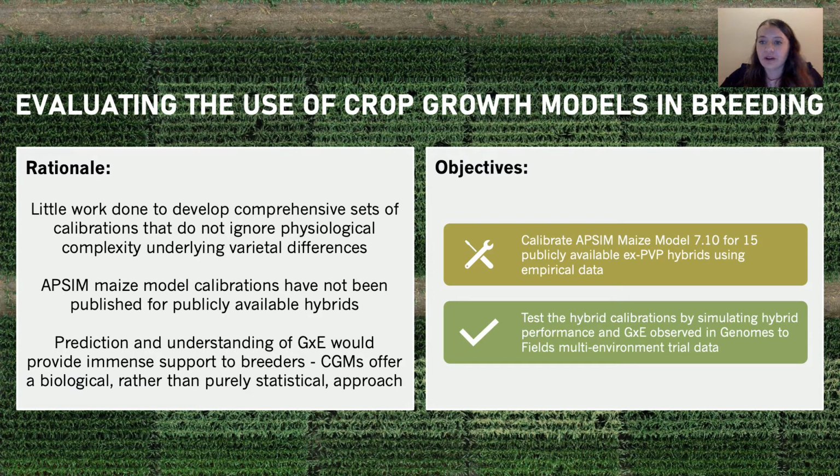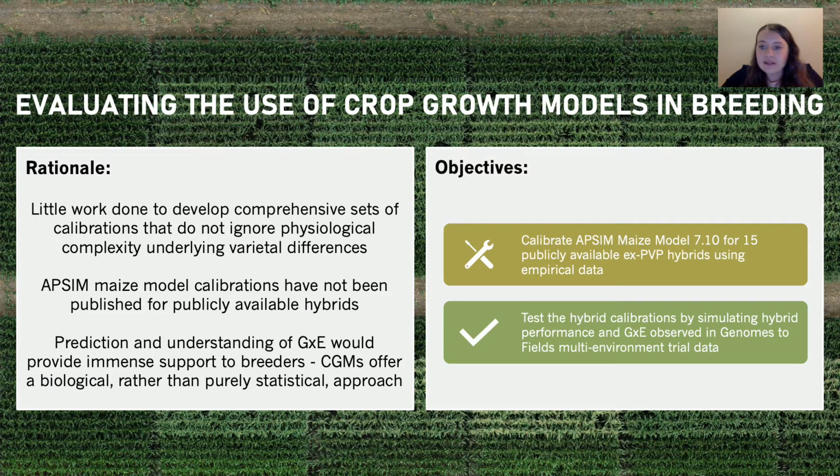So also to our knowledge, no other studies have calibrated or generated genetic coefficients, at least to the extent that we have for publicly available XPVP hybrids. And this is important because a lot of information is available on these hybrids, including genetic marker data and pedigree info, which we or others could use to further this research.